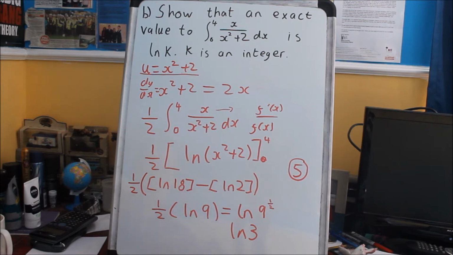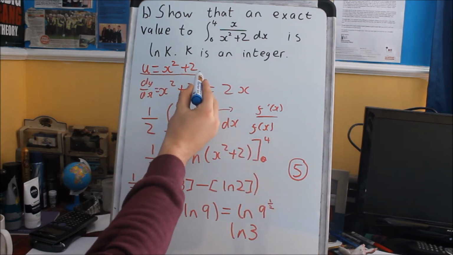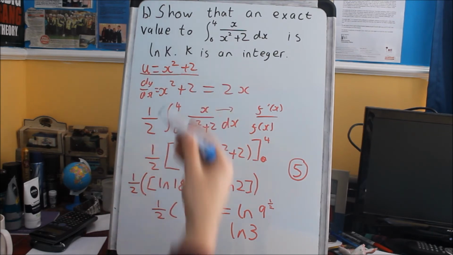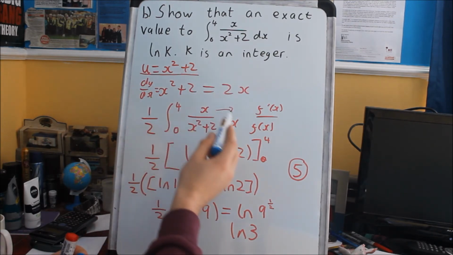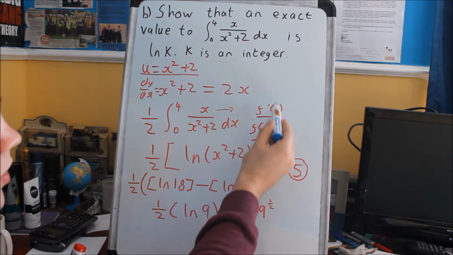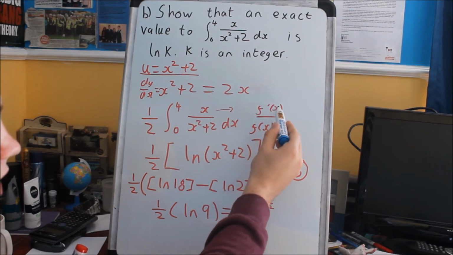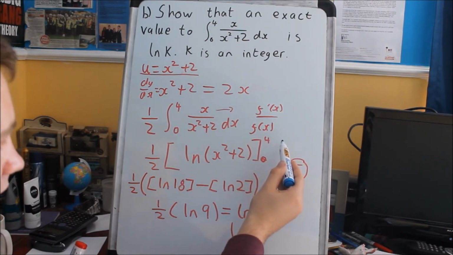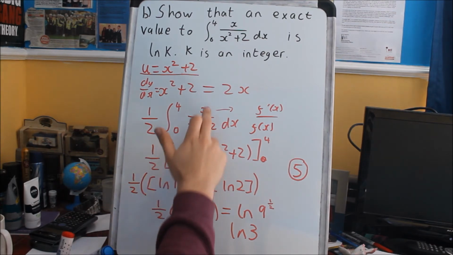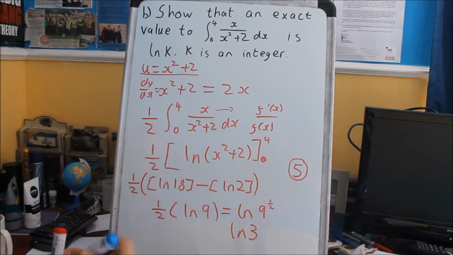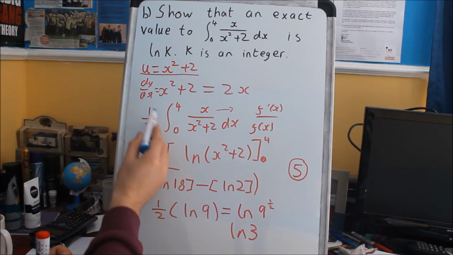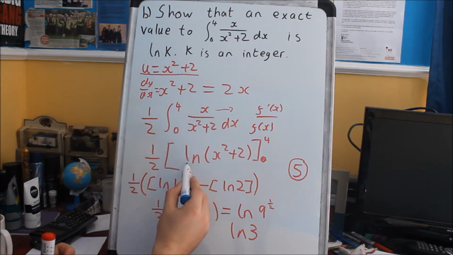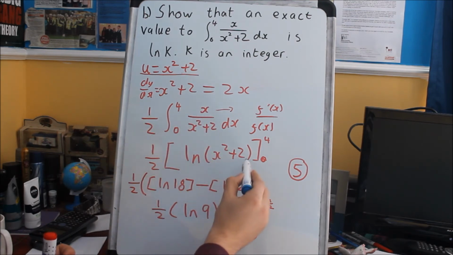So let's quickly reiterate what's happened in this question. Now, you could have used the substitution, but we're ignoring that because I didn't do that in this method. I said that because the numerator is f dash x compared to the denominator, which is f of x, in this case. So if you differentiate the bottom, you'll get it into the top. If we take out this factor of a half, then we can go straight to putting it as natural log of this.